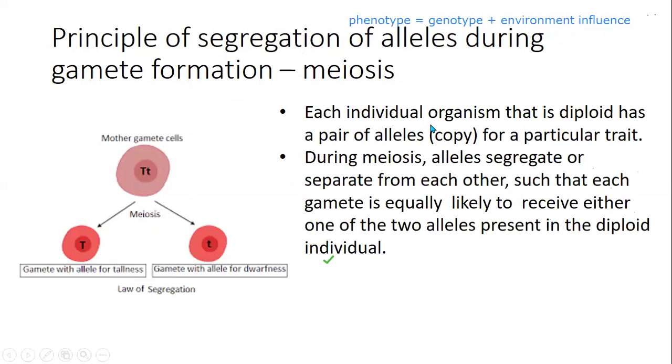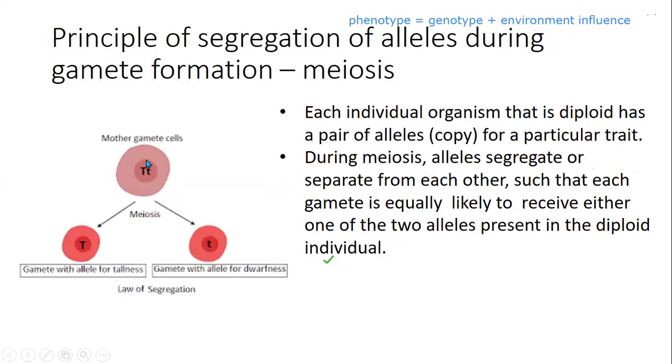We say that each individual organism that is diploid, you can see this is diploid because it has two alleles, during meiosis these alleles segregate or separate from each other such that each gamete, you see these are gametes, is going to have one of the two alleles. So you see the two alleles, but the gamete has one of the two alleles.